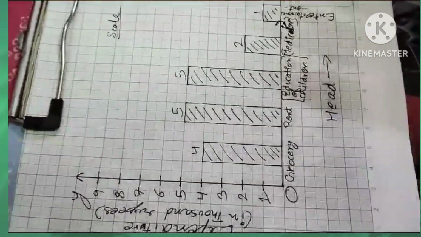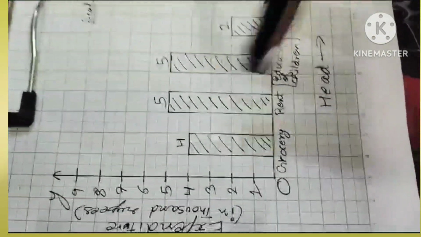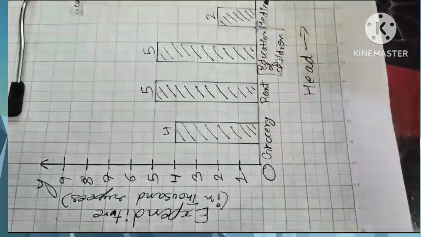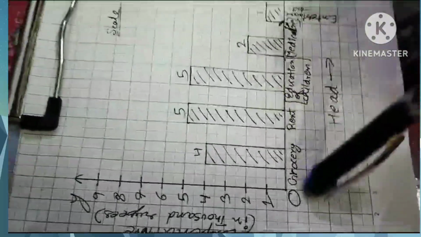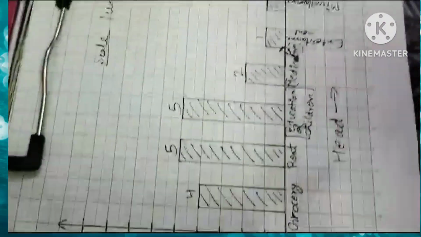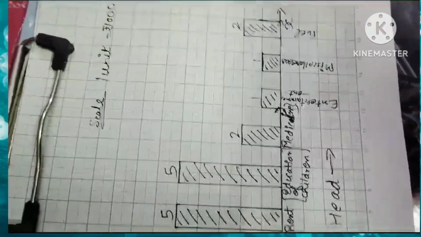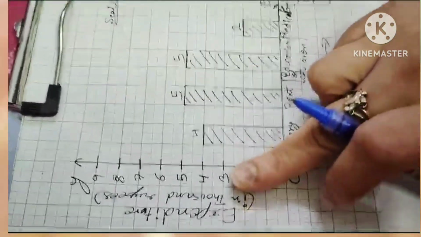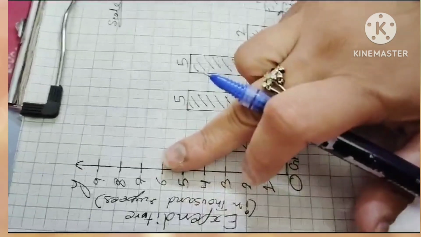Now we have to draw the bar graph of this given data. We represent the heads, that means the variable, on the horizontal axis. This is the horizontal axis, put O here and X here. This is OX, the horizontal axis, and this is OY, the vertical axis. And we represent the expenditure, that means the value, on the vertical axis.